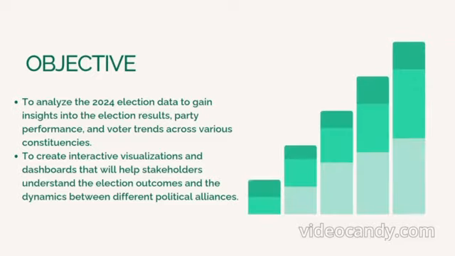The objective is to analyze the 2024 election data to gain insights into the election results, party performance, and voter trends across various constituencies, to create interactive visualizations and dashboards that will help stakeholders understand the election outcomes and the dynamics between different political alliances.